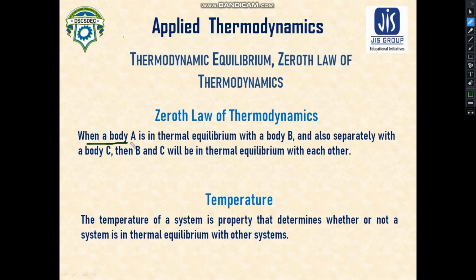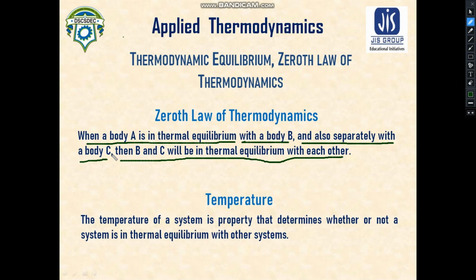When a body A is in thermal equilibrium with a body B and also separately with a body C, then B and C will be in equilibrium with each other.